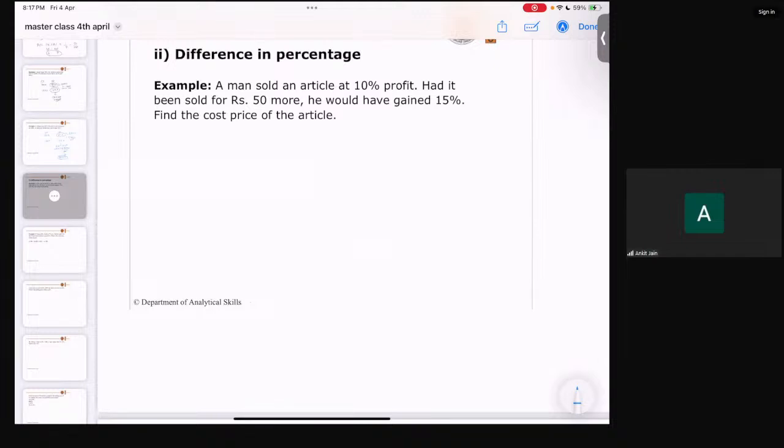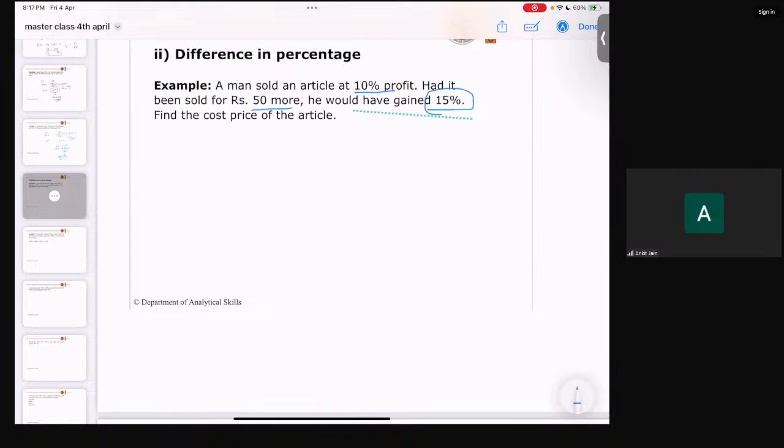Profit increased from 10 to 15 because of increase in price. So that 5% is equal to 50. Simple. 1% is 10. Due to increase in price, profit increased.